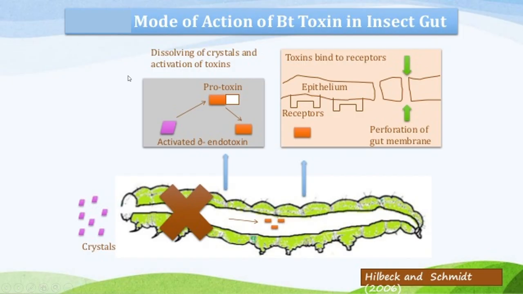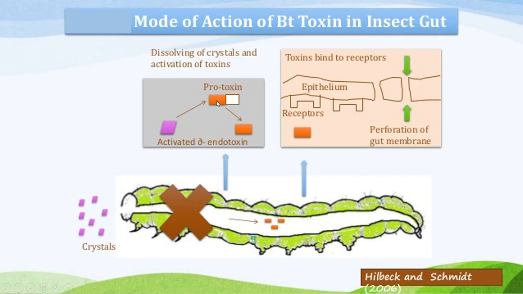This just shows the solubilization and activation. The crystal protein is dissolved and activated to form the toxin. So this is the crystal protein which is ingested by the larvae. This is the protoxin basically.